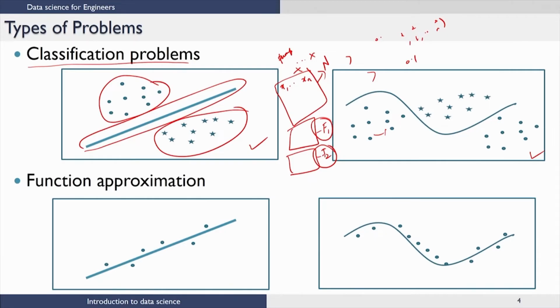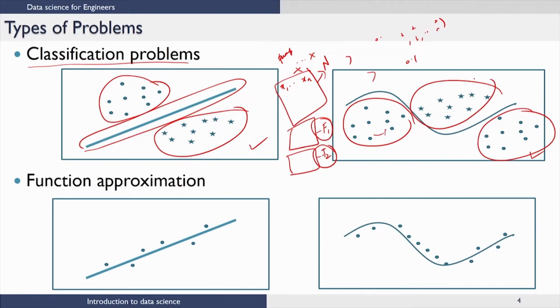Now, more complicated problems are where a hyperplane or a line might not be enough for us to classify. Here is an example of a classification problem which is nonlinear. So, let us assume that this data and this data belongs to class 1 and this data belongs to class 2.